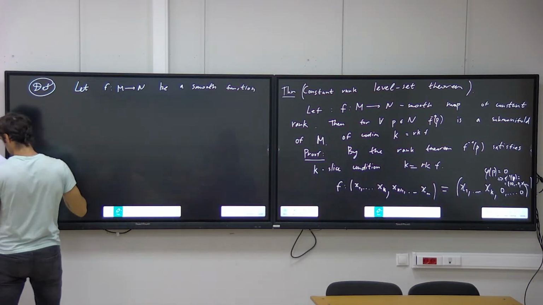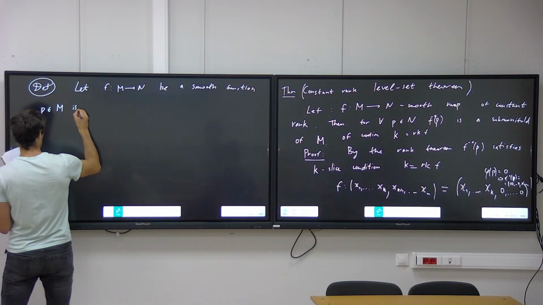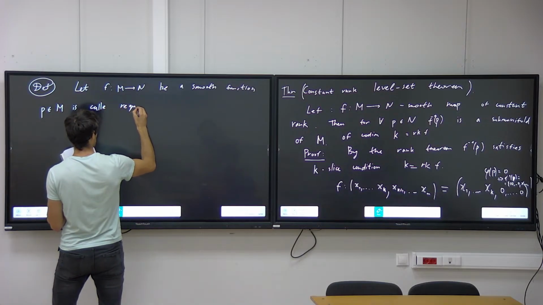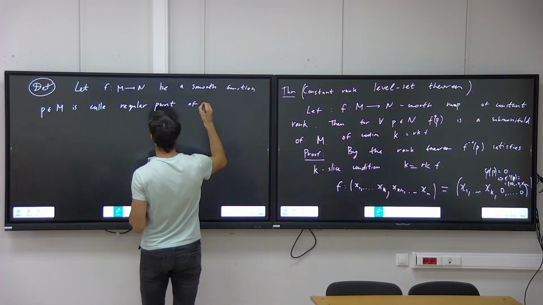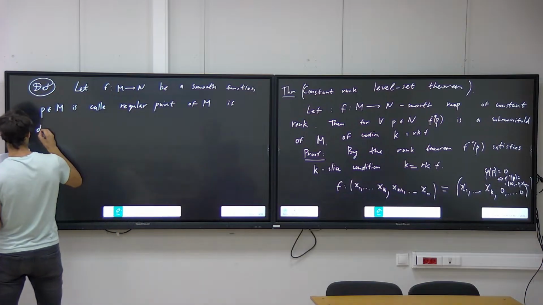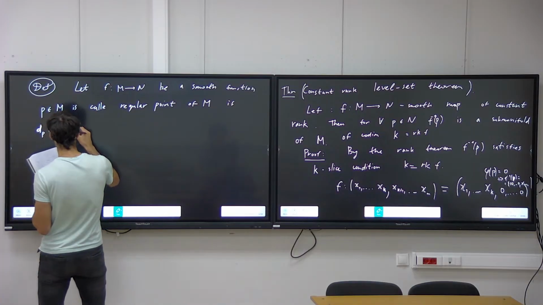Then p from M is called a regular point of f if d_p f is surjective.